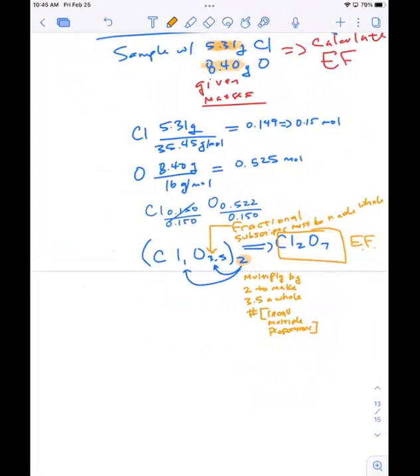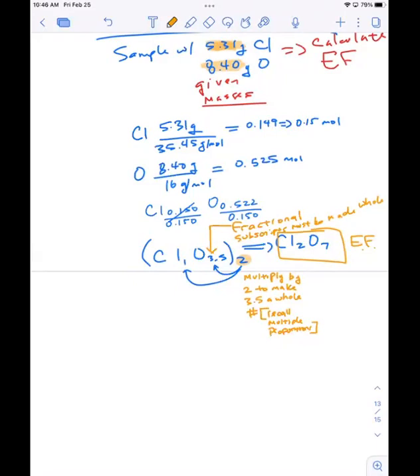The only added step here is that we had a fractional subscript, so we had to fix that by multiplying everything by 2. You'll never see a fractional subscript in a molecular formula, because the law of multiple proportions says that when atoms combine to form different compounds, they combine in small whole number ratios. That's the basis of all of that.